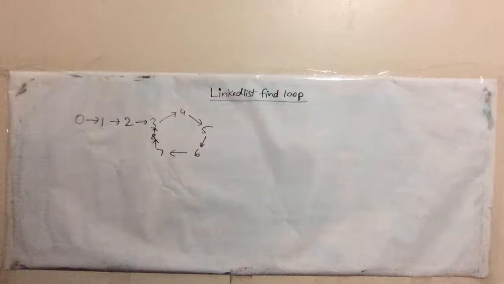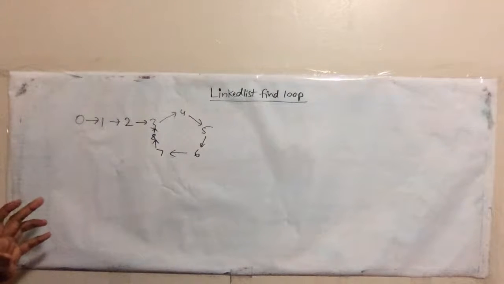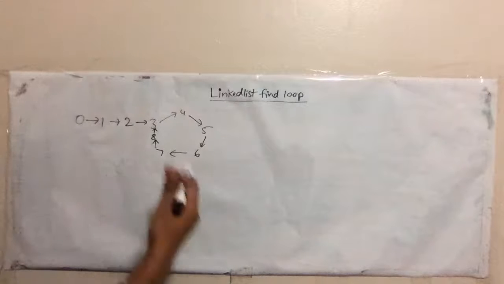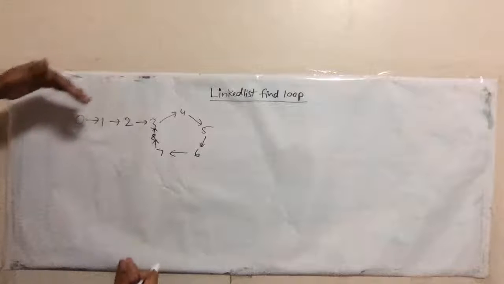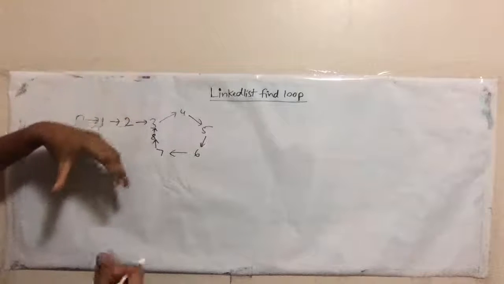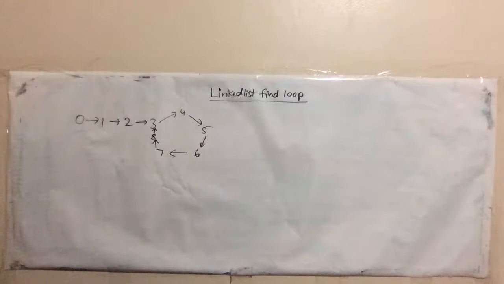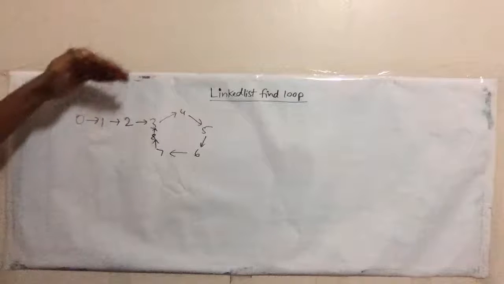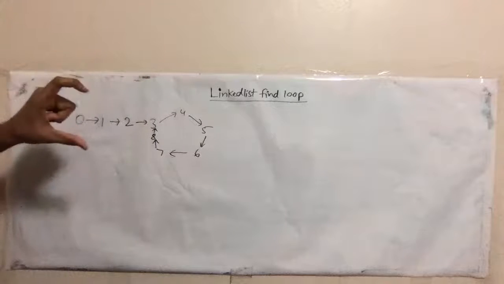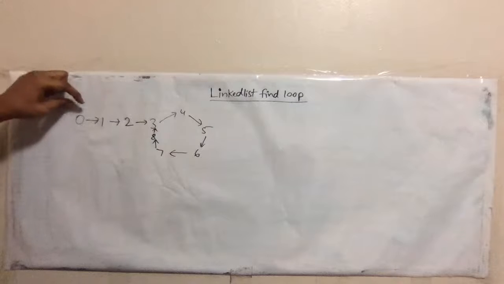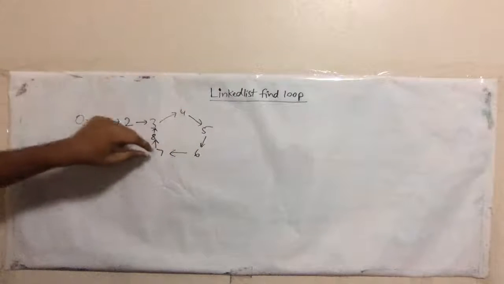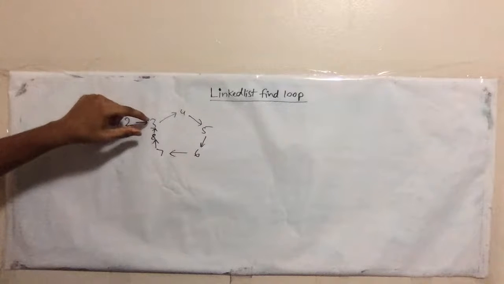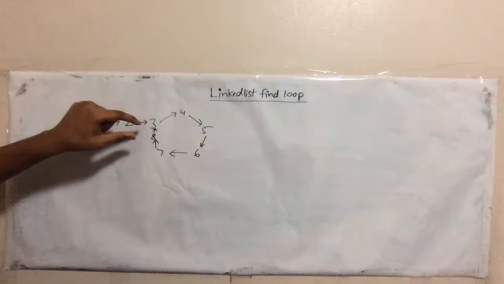The theoretical part would be, for example, we can iterate through the whole linked list and save it in a hash table or something. We started iterating the linked list and storing in the hash table, and we have stored 3, 4, 5, 6, 7, 8, and we come again to 3.